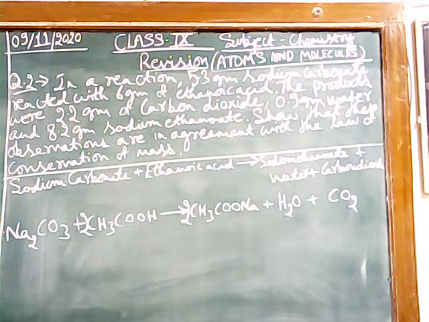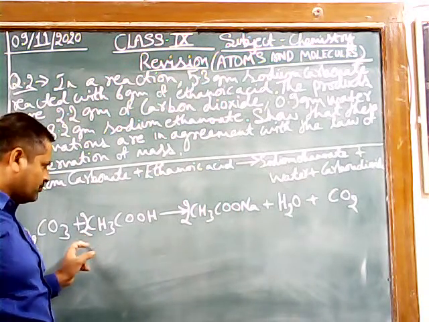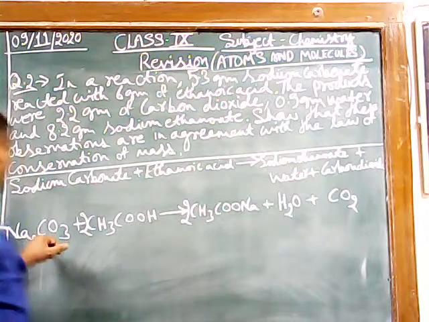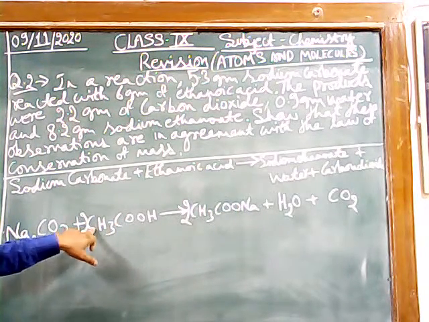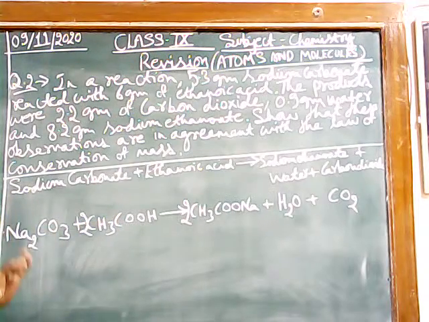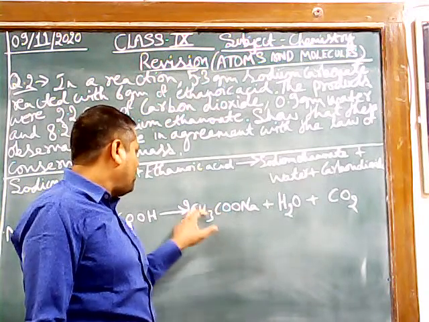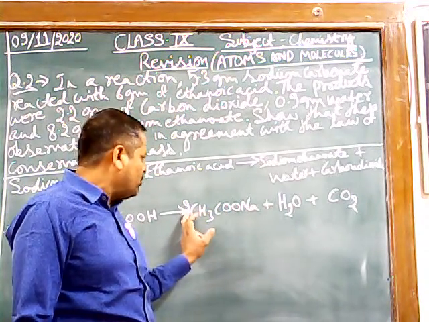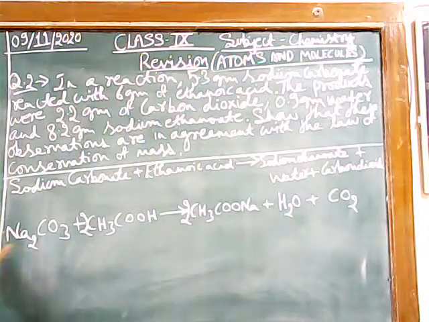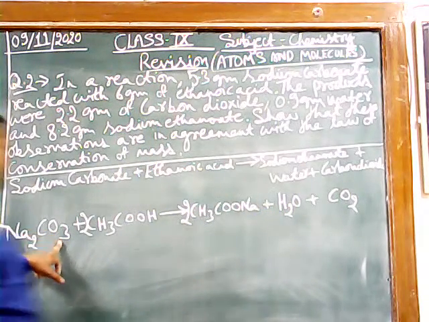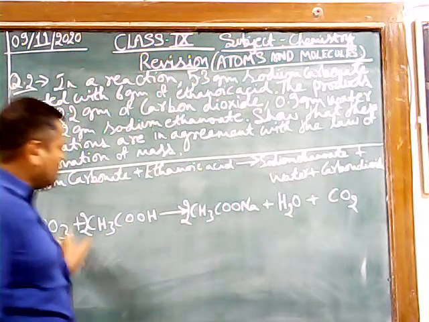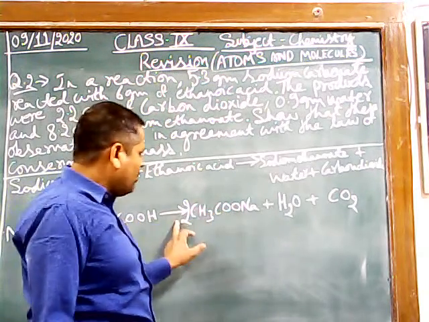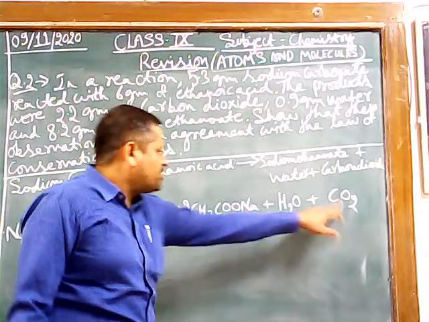Then carbon: 1 and 1 plus 1 is 2, 2 times 2 is 4, plus 1 is 5. Here also 1 plus 1 is 2, 2 times 2 is 4, plus 1 is 5. Carbon is also balanced. Oxygen: 3 and 2 times 2 is 4, 7. Yes, 4 plus 2 is 6, plus 1 is 7.